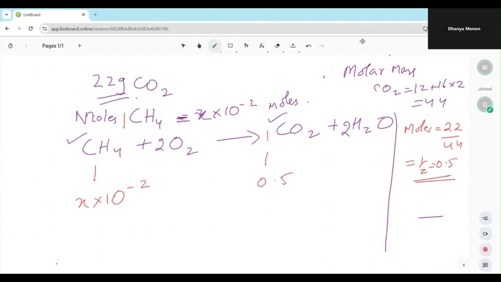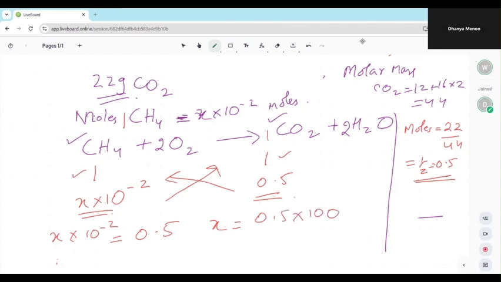So 1 mole of methane is giving you 1 mole of carbon dioxide. So 0.5 moles of carbon dioxide is obtained from how many moles of methane? So we can do the cross multiplication. So 0.5 is equal to x times 10 raised to minus 2. So x is equal to 0.5 times 100, which is equal to 50. So the value of x is 50.